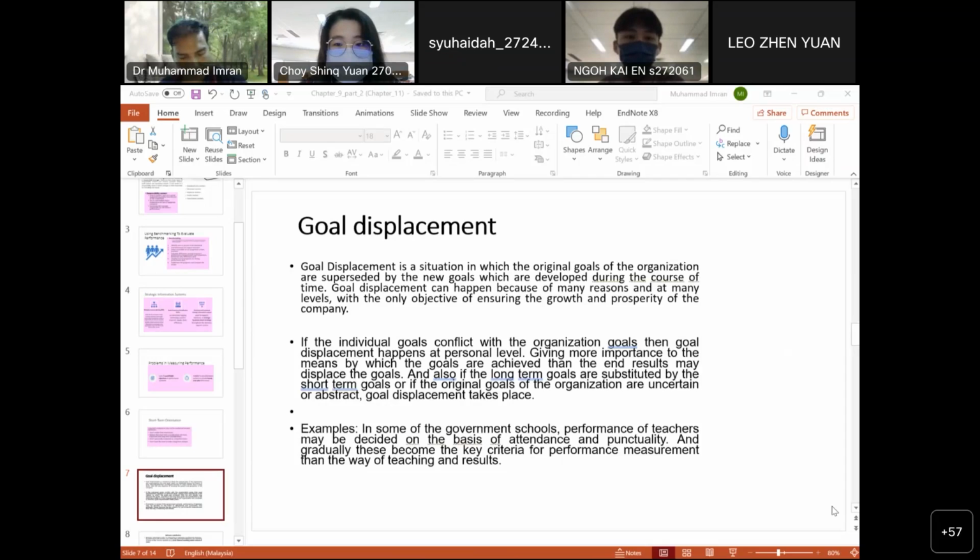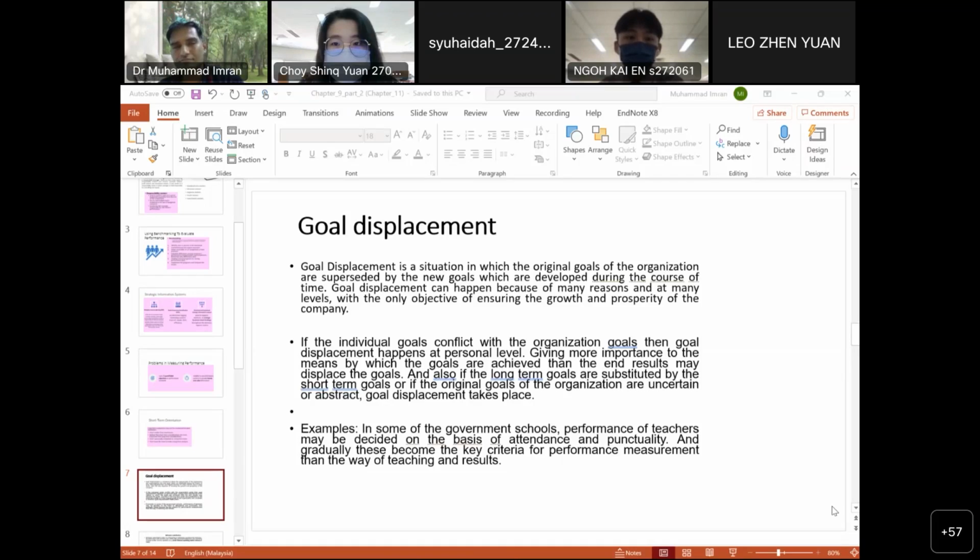If the individual goals conflict with the organization goals, then goal displacement happens at personal level. Giving more importance to the means by which the goals are achieved than the end result may displace the goals. Also, if the long-term goals are substituted by short-term goals, or if the original goals of the organization are uncertain or abstract, goal displacement takes place.